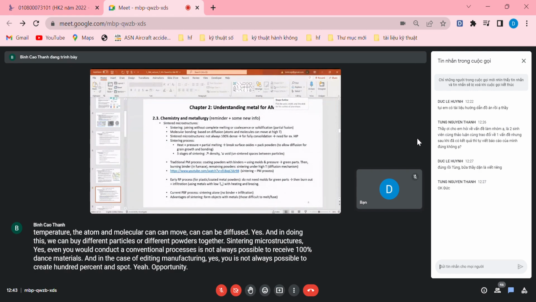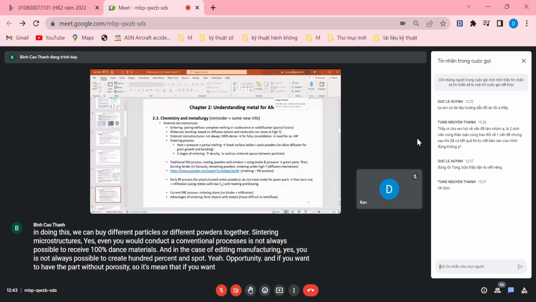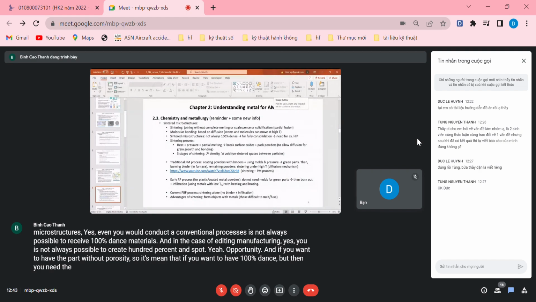If you want to have a part without porosity, meaning a 100% dense part, then you need post-processing. For example, there is a heat process called hot isostatic pressing.